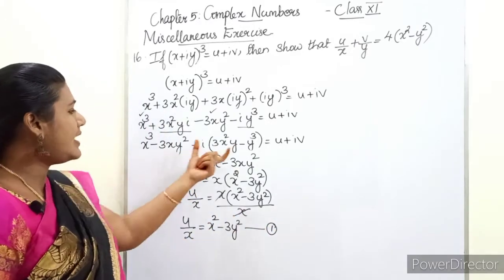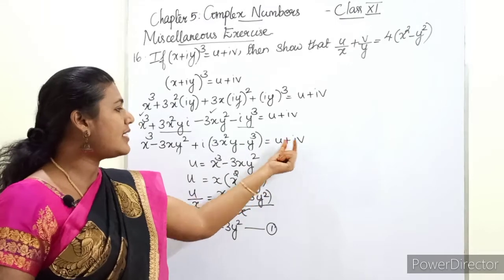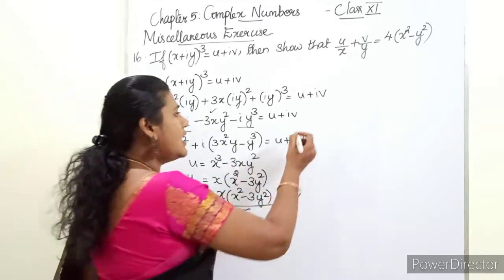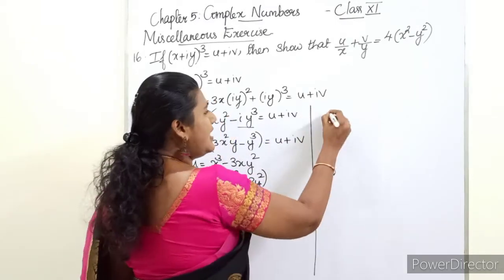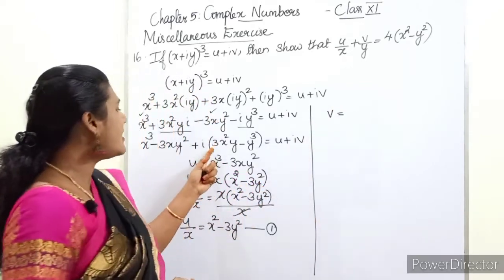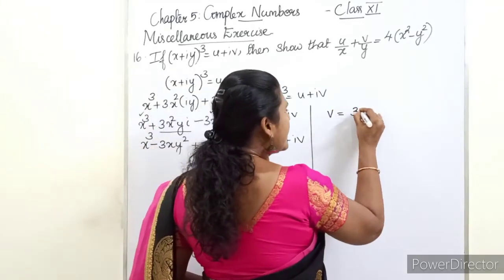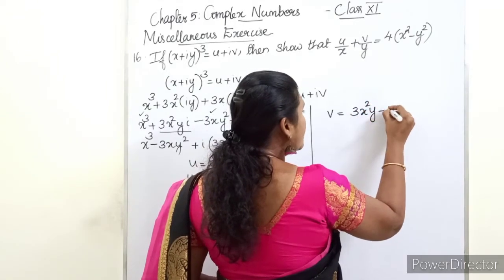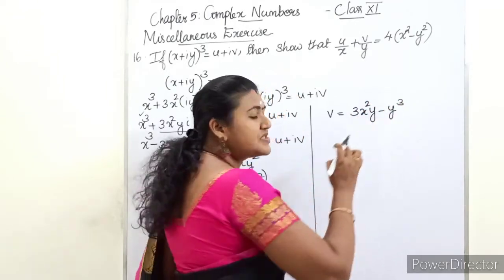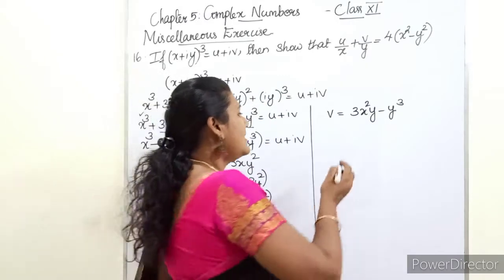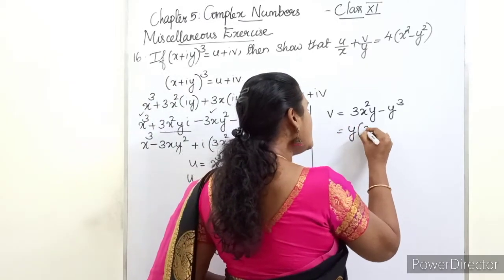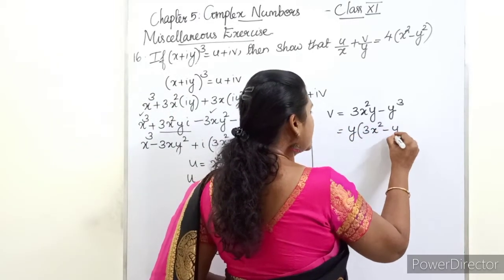Similarly, we will equate the imaginary part. So here the imaginary part is v. So we can write v = 3x²y − y³. From these two terms we can take y common. So we can write y(3x² − y²).